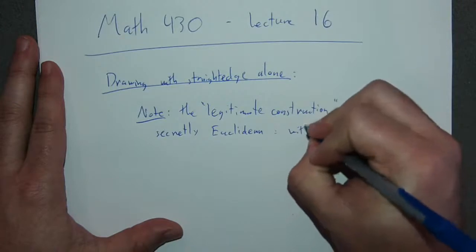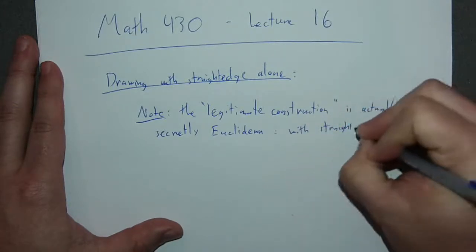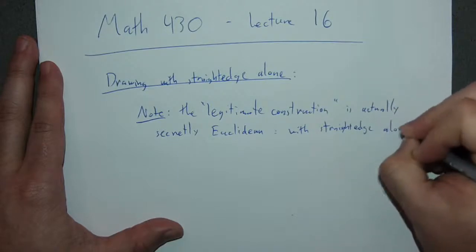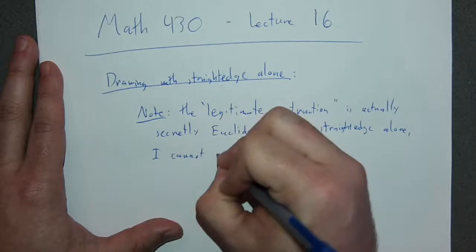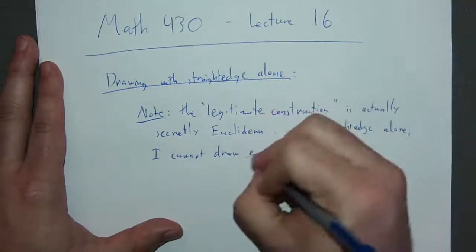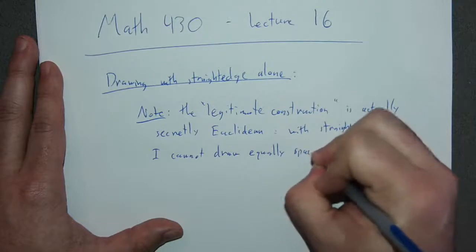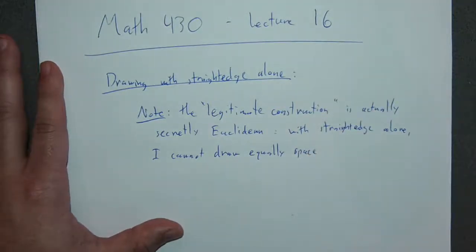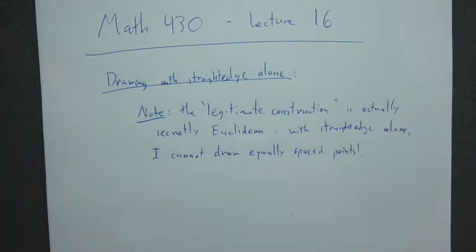So with straight edge alone, I cannot draw equally spaced points. And so that particular way of drawing in perspective is actually secretly Euclidean in this way, because you actually require the equally spaced points.